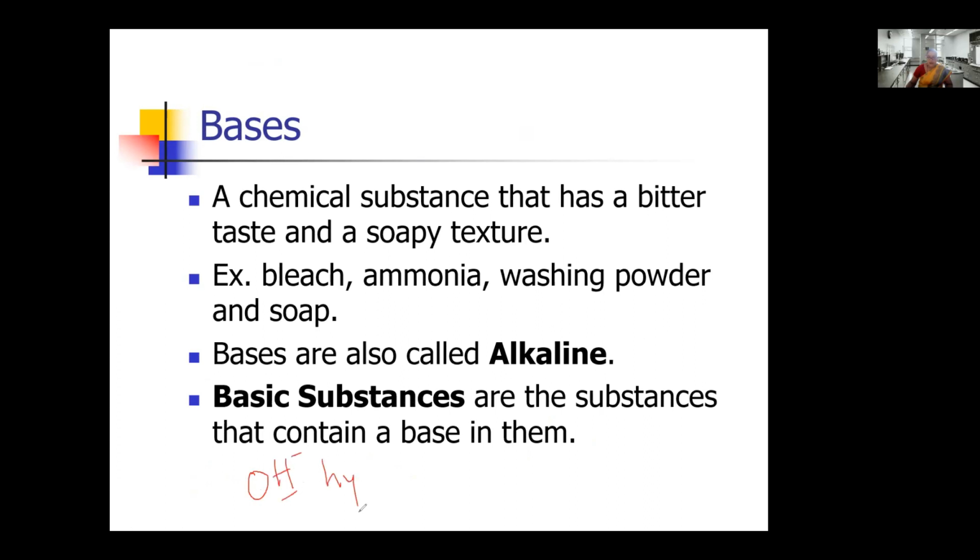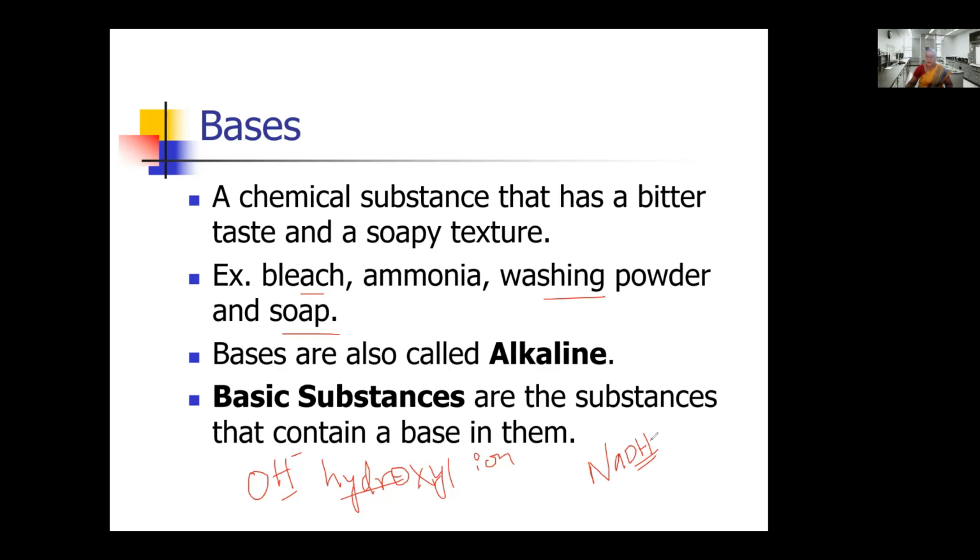OH is called the hydroxyl ion. If it is a basic substance, such as washing powder, soap or bleaching powder, you will get NaOH. NaOH is the compound which is added in detergent powder. So here OH is there.